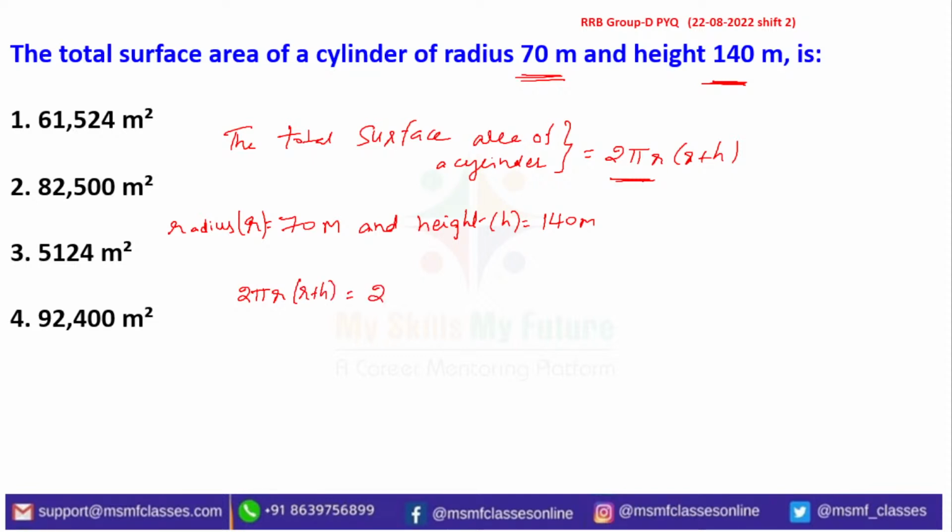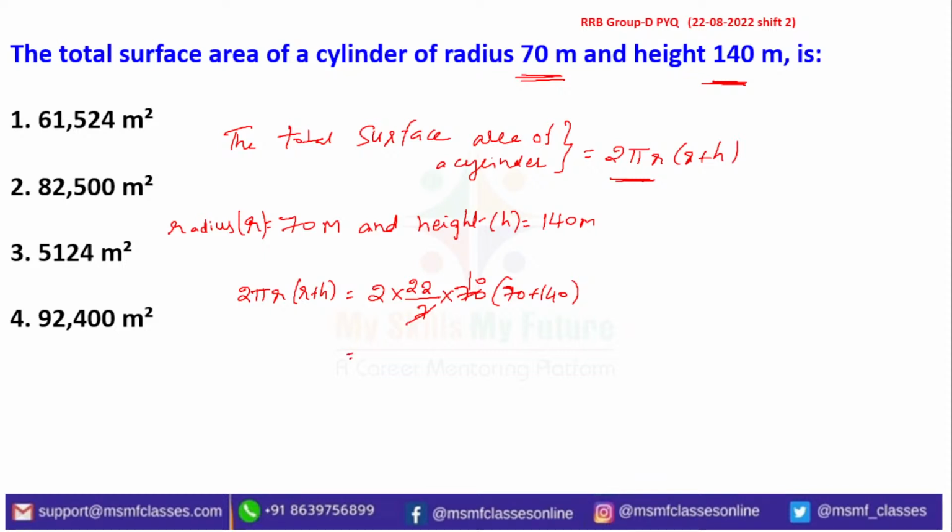What is meant by pi? Pi is equal to 22 by 7, into r, which is 70. So r is 70 plus h is 140.